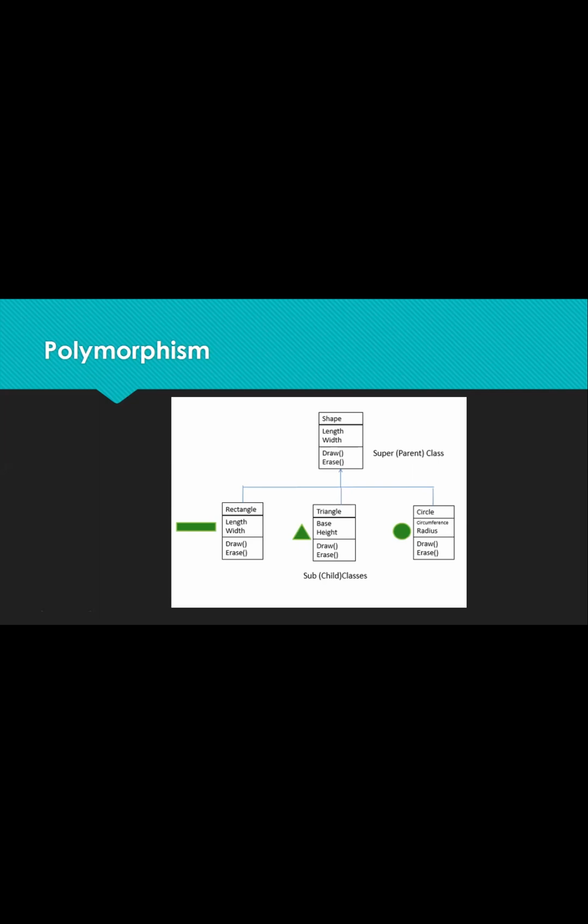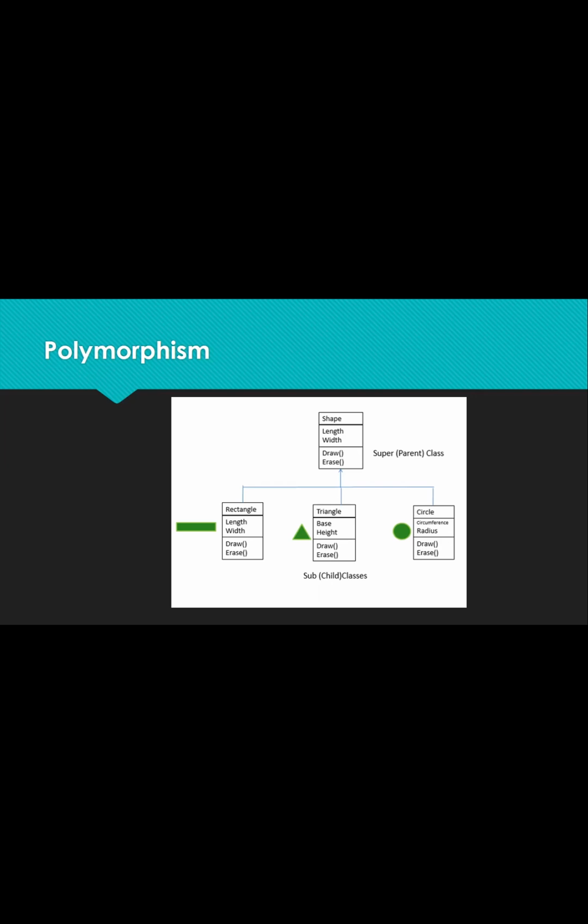Here we have a superclass, which is Shape, a parent class, with attributes and methods: length and width are the attributes, and we have draw and erase as the methods. In the subclasses we have rectangle, triangle and circle. These child classes have all the same attributes and methods.